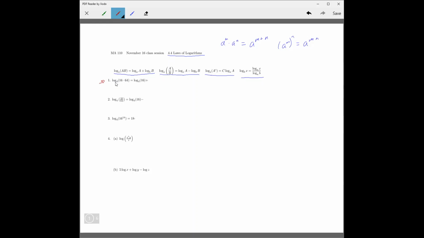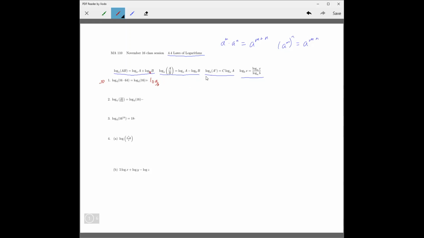Okay, so here you have the log base 4 of 16 times 64. So A would be 16 and B would be 64. So that's the log base 4 of 16 plus the log base 4 of 64. This should be an A right here.